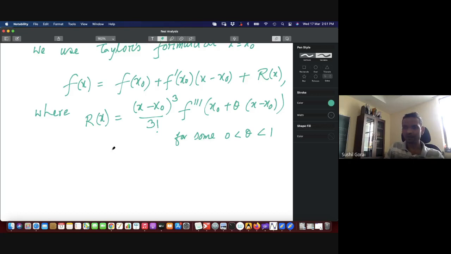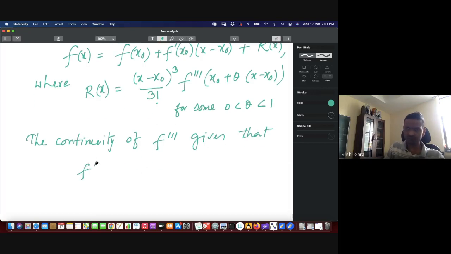Alright, now we need to look at the remainder term carefully. So the continuity of f triple prime gives that f triple prime at x naught plus theta times (x minus x naught) is greater than 0.